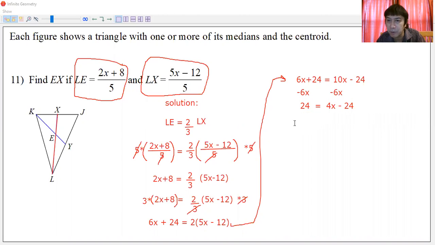Okay, after which we add 24 to both sides. All right, so here we have plus 24, and the right side will also have plus 24. Okay, so the left side will give us 48, and the right side is just 4x.